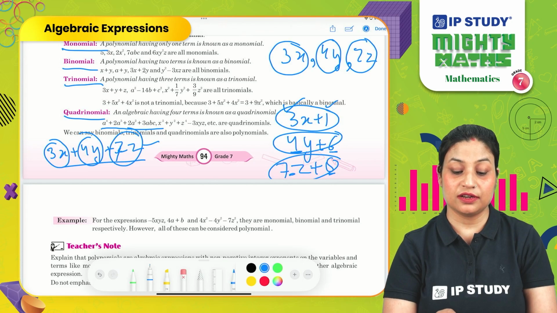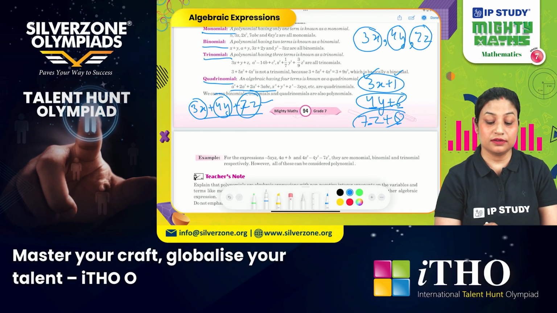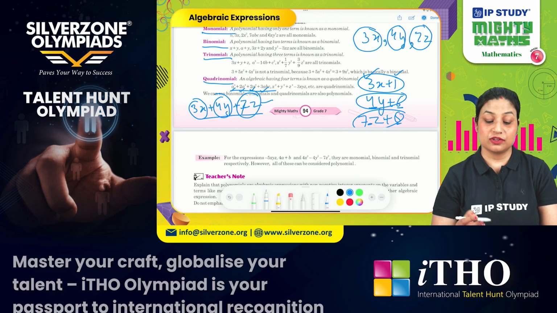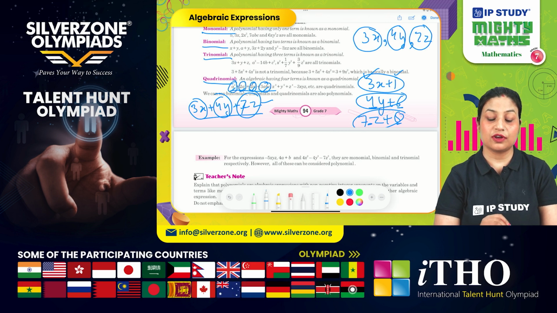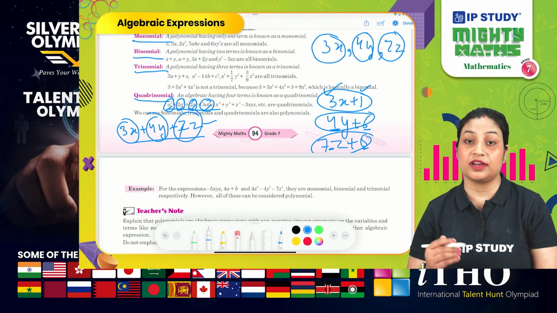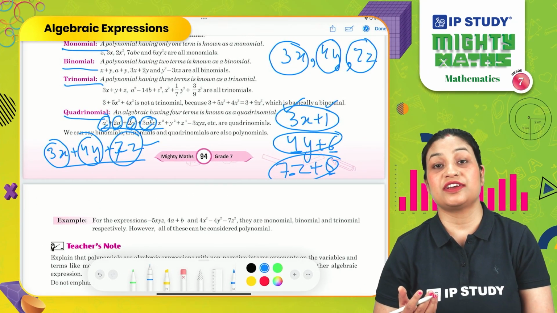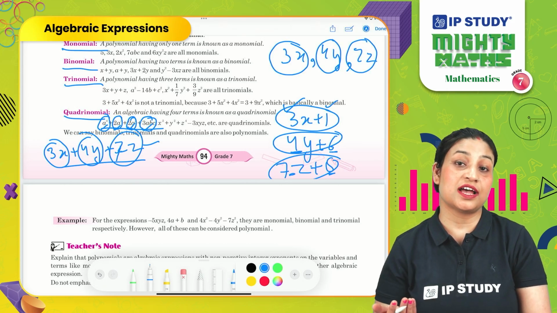Here we have a to the power 4, 2a cube, 2a square plus 3abc. So how many terms we have? We have four terms. 1, 2, 3, 4. So any algebraic expression where we have four terms, we call it a quadrinomial. So I hope you have understood the classification of any algebraic expression depending upon the number of terms it has.